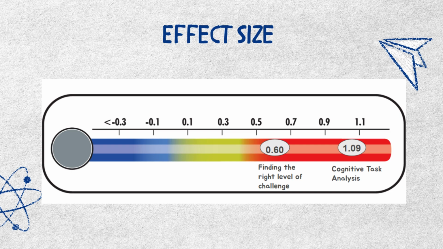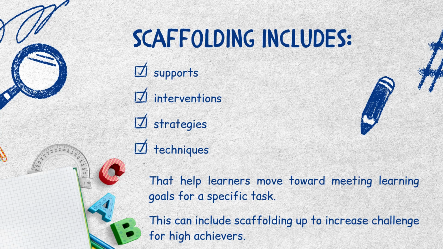This underscores the profound impact of meticulously understanding the cognitive demands of a task and then designing instruction that targets those demands. This level of impact means that when we deeply analyze what students need to know and be able to do and align our teaching accordingly, the results for student learning are exceptional.